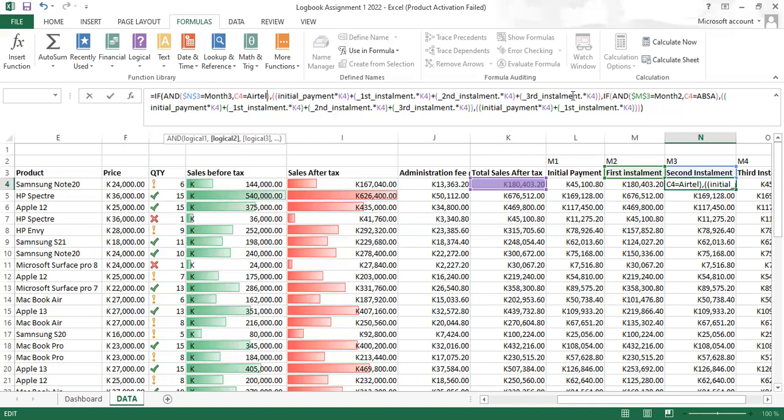Then we are going to add here, after the first installment, another one. Now we want to put the second installment.